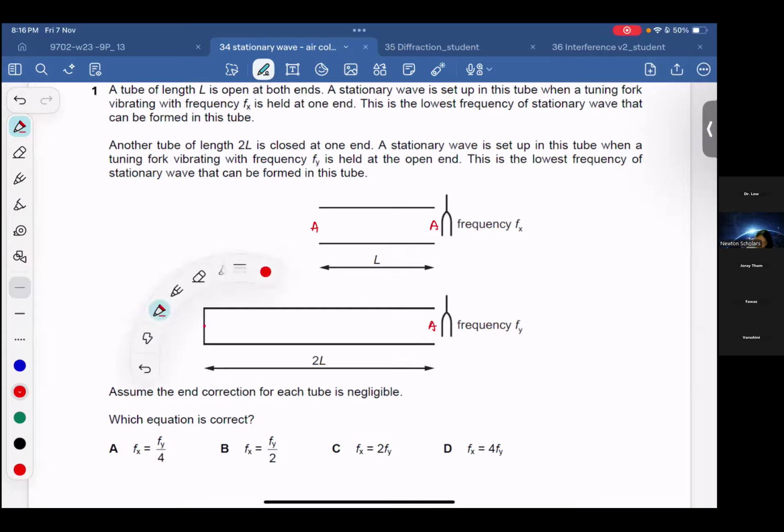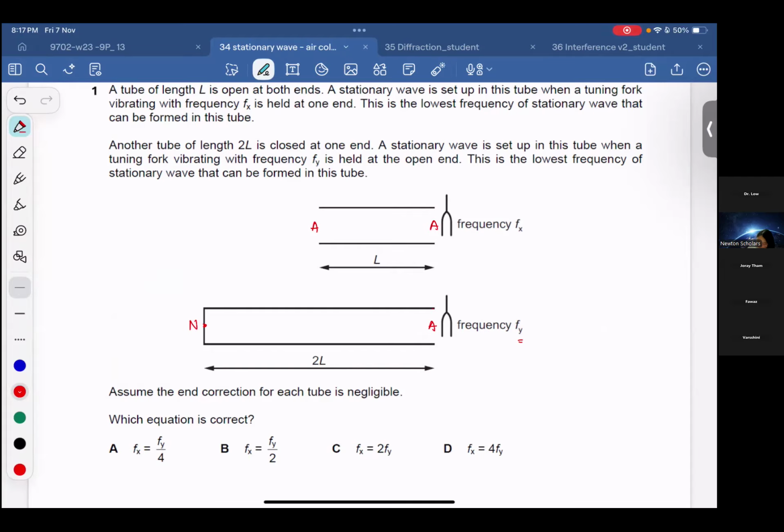Antinode here, and it is closed here, so here must be a node. A stationary wave is set up in this tube when a tuning fork has frequency Fy. This is the lowest frequency, so this is also the fundamental frequency for one end closed, one end open.